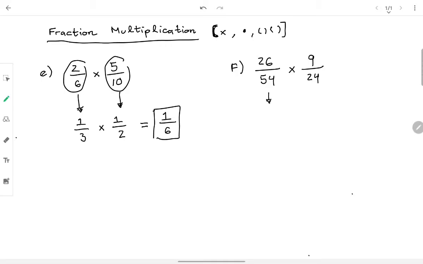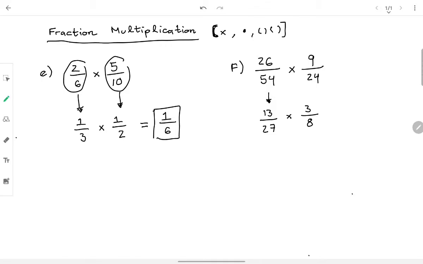We can simplify this fraction. If we divide by 2, we will have 13 on the top. In the bottom, we will have 27. In the other part, we can simplify it because we can divide by 3. We will have 3 on the top as numerator, 8 in the bottom as denominator.